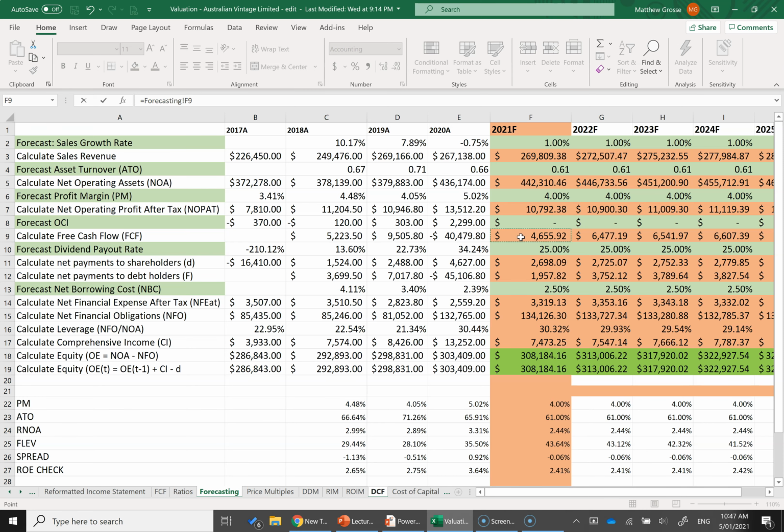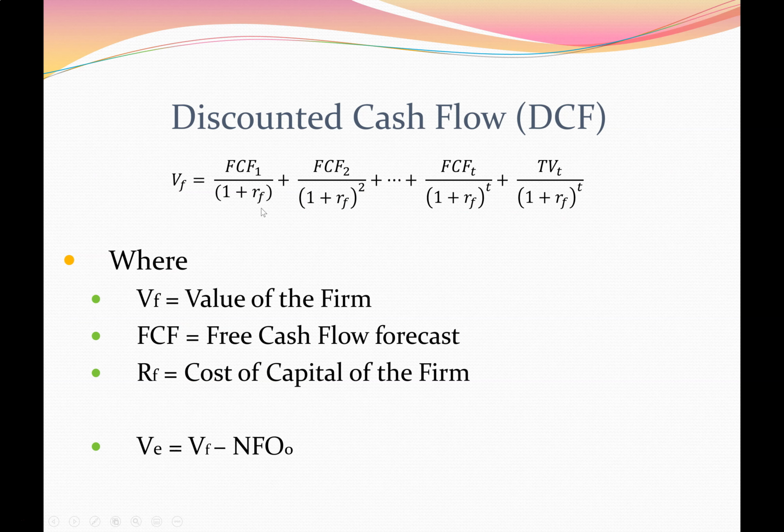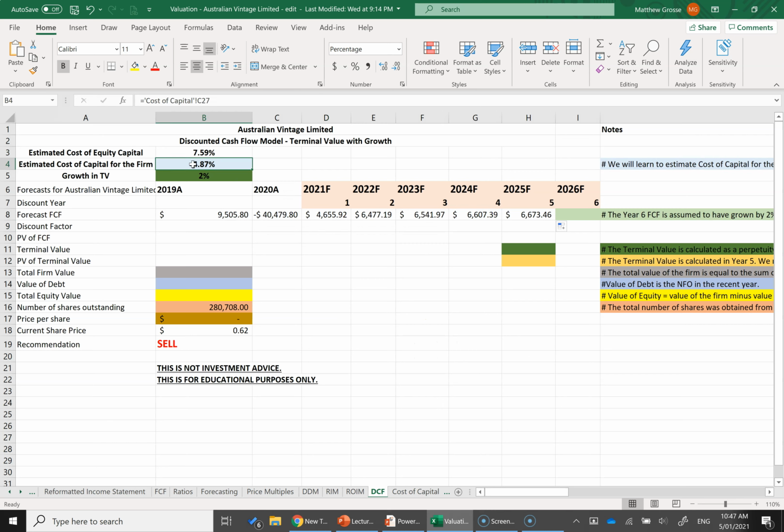So I'm going to select that cell and drag it along for each of the 5 years forecast that I have. The discount factor, or the cost of capital that I'm using in this firm for my cost of firm capital, is 4.87%, and I've calculated that using the weighted average cost of capital, and we'll talk about that in a future topic.